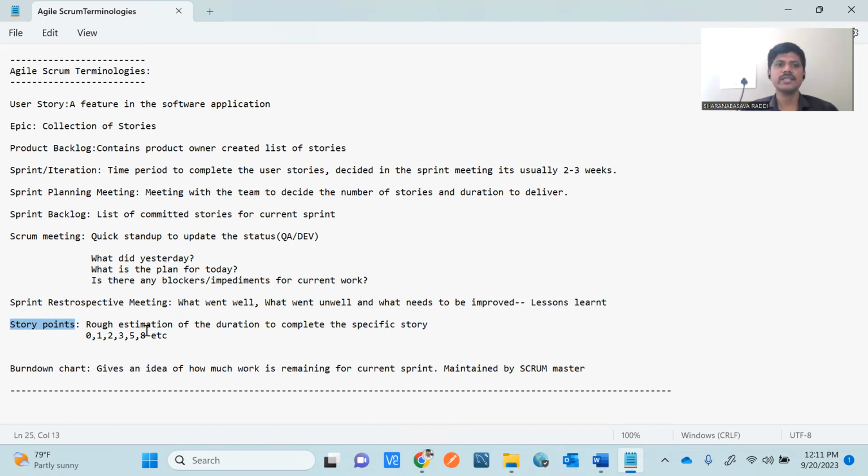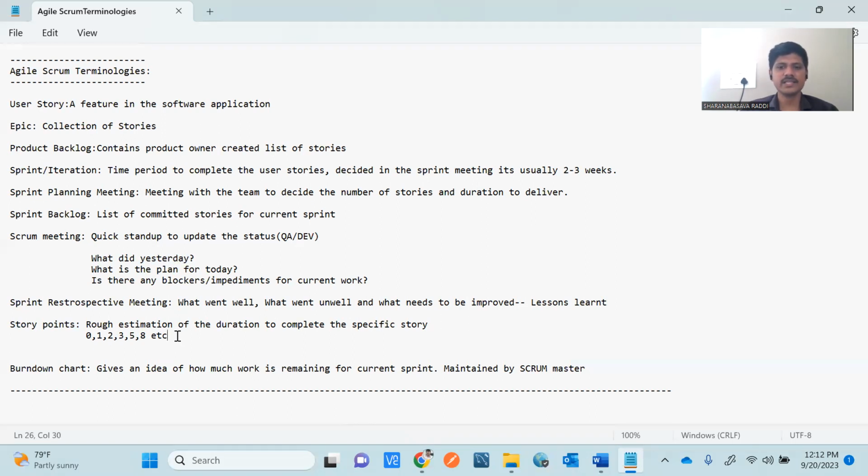Story points are a rough estimation of the duration to complete a specific story. Usually the story points are in the Fibonacci series: 0, 1, 2, 3, 5, 8 like that. Depending upon the complexity, we can decide.